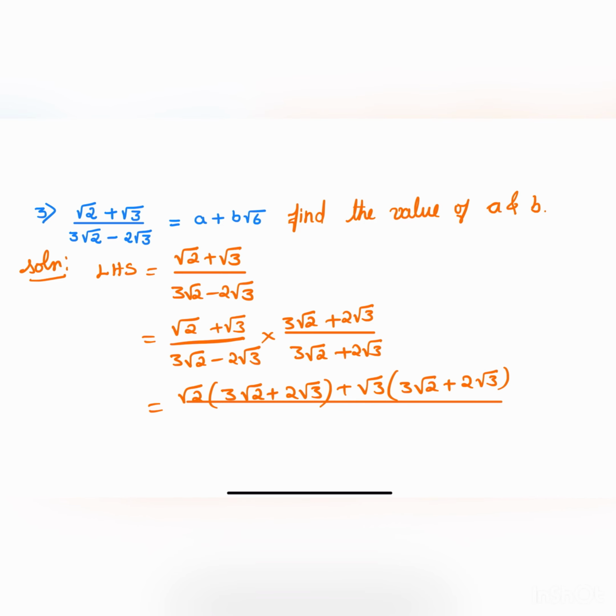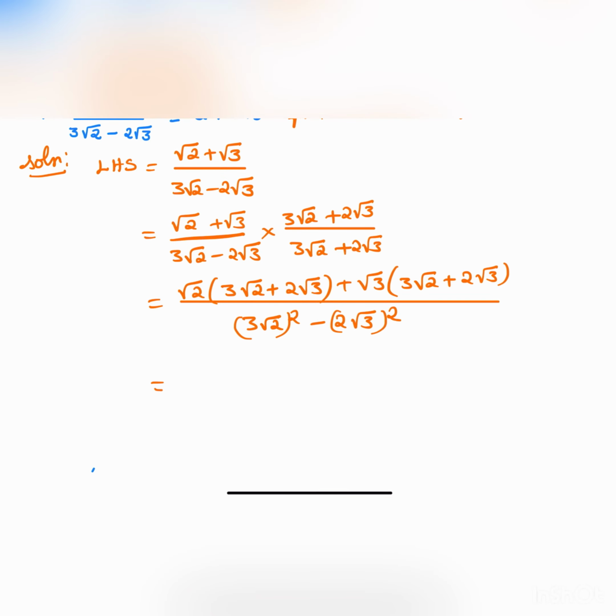in the denominator we have a plus b into a minus b. So let us do that. It is a square minus b square. So 3 root 2 whole square minus 2 root 3 whole square. And now let us multiply the numerator's first term.